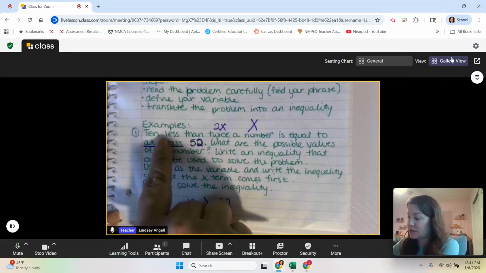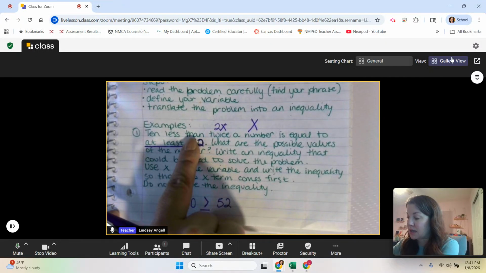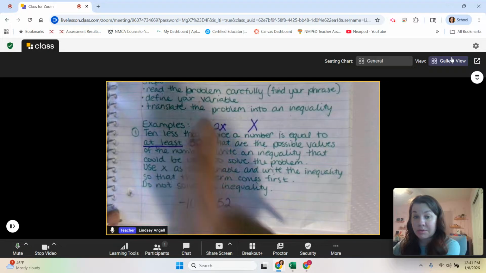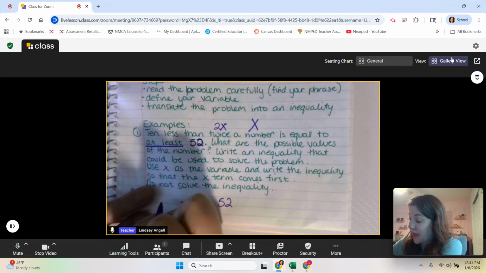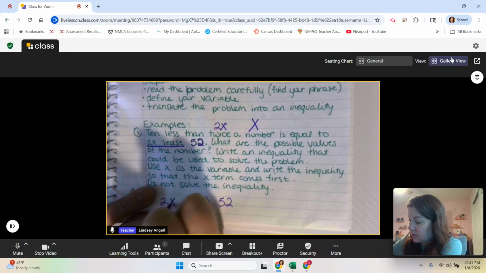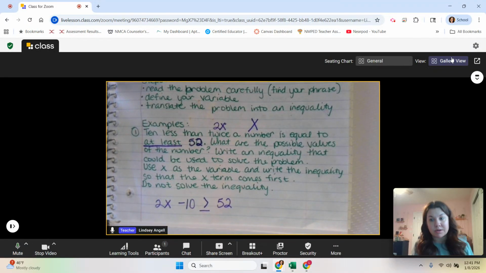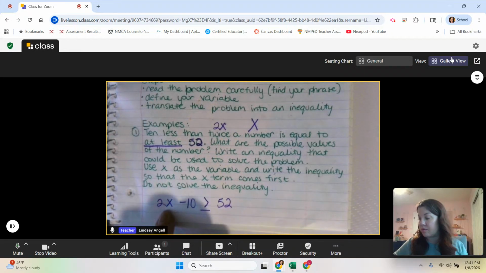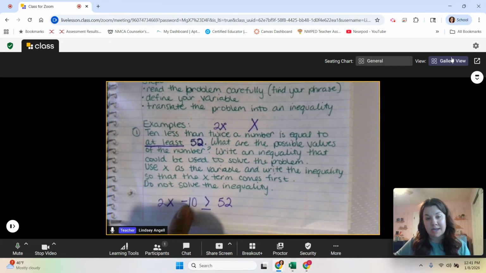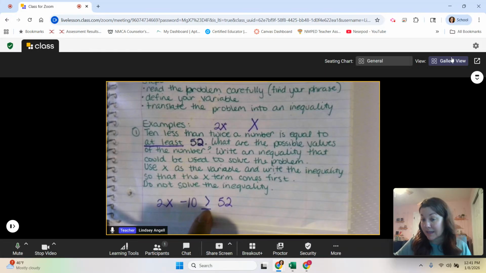So 10 less than, that's 10 being taken away, twice a number, that's multiplied by 2, so 2x, right? And that's our unknown right there. So 10 less than 2 times a number is equal to at least 52.